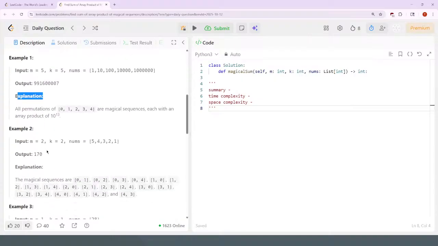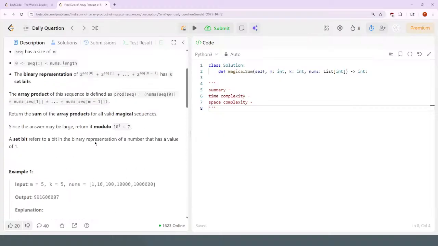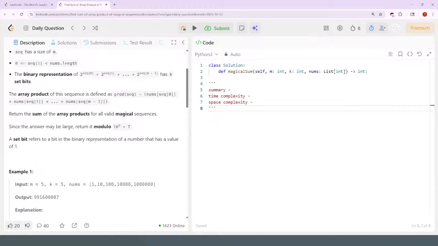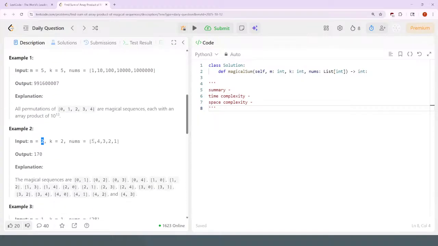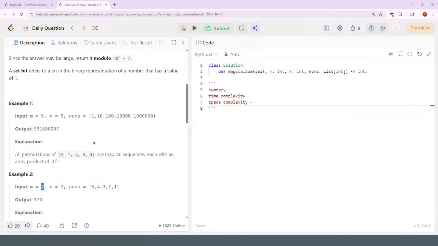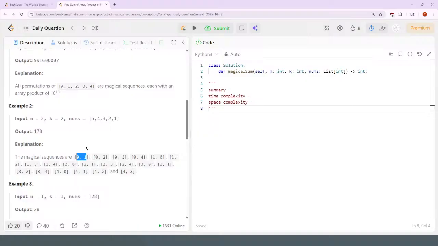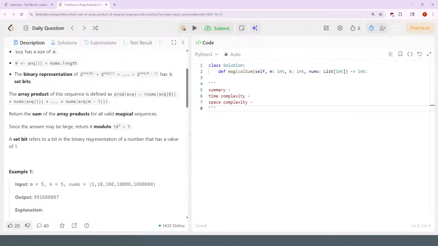Okay, example 2: m is 2, so sequences are two values. So magical sequences are 0, 1. Return the sum of the array products. So 0, 1: we're talking about those being the indices of nums.